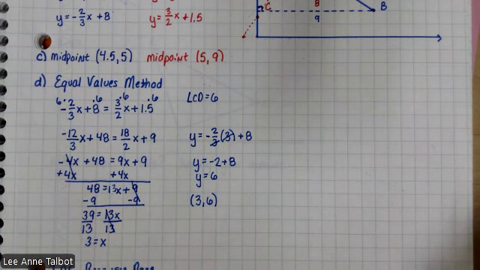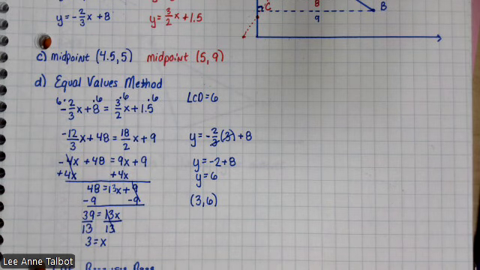Okay, moment of truth. Do the two things actually cross at 3, 6?